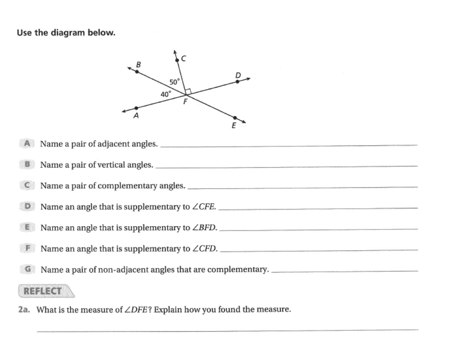Okay, let's look. Here we have a drawing, and we need to answer some of these questions. Name a pair of adjacent angles. Well, it would be best not to name it by the vertex, so we're going to use 3 letters to represent each angle. We have BFA and CFB.